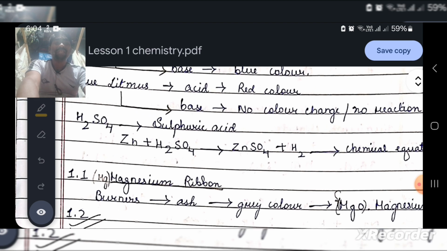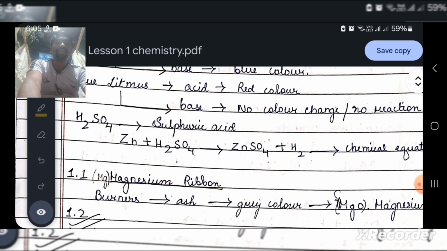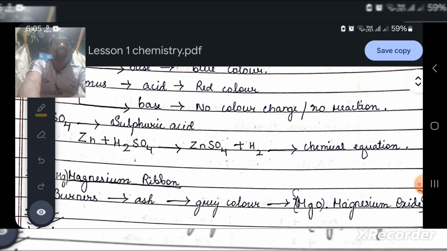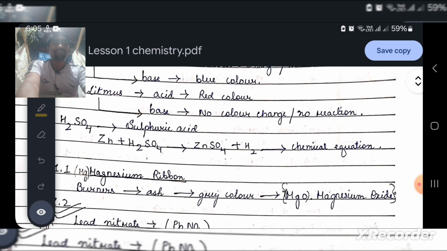When zinc reacts with sulfuric acid, it gives, after the arrow, ZnSO4, that is zinc sulfate, plus hydrogen. This zinc sulfate plus hydrogen is the product.